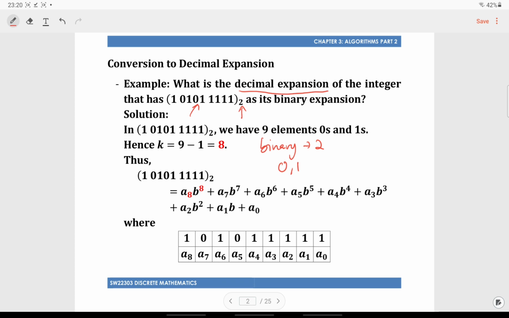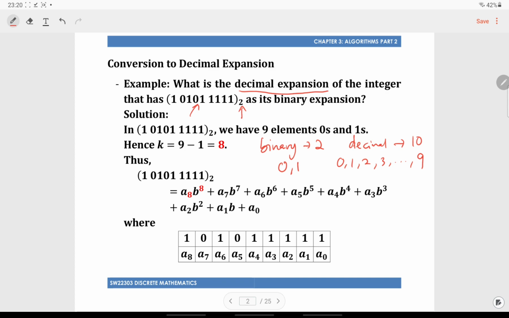So how about decimal? Decimal means base 10. How many digits? We have 10 digits, starting from 0, 1, 2, 3, up to 9. So a decimal value is a combination of the numbers 0 up to 9.